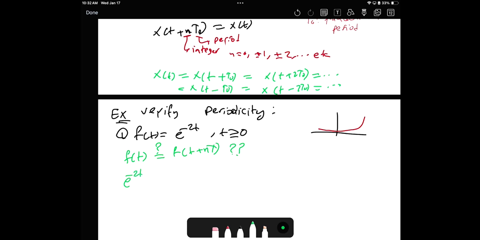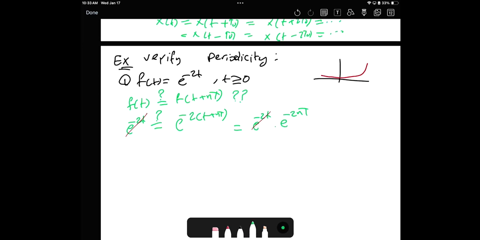Is e to the power negative 2t really equal to e to the power negative 2 times t plus nT? Or in other words, e to the power negative 2t times e to the power negative 2nT. Now e to the power negative 2t on both sides, we can divide. So now, is 1 really equal to e to the power negative 2nT? Is it really equal to 1?